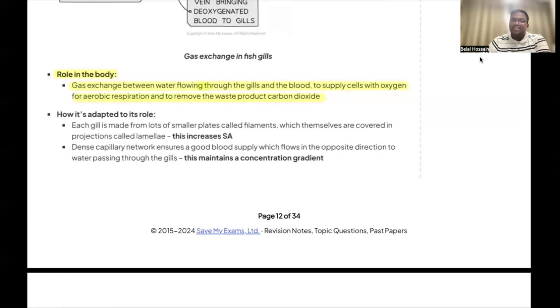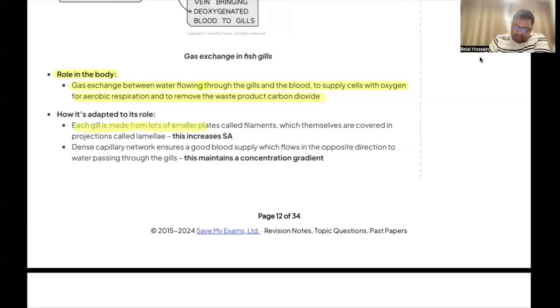Their gills are way more efficient, just absorbing the oxygen from the water. Extracting oxygen from water is much easier than from air, because in the water the oxygen is already dissolved. All they have to do is exchange carbon dioxide and take in the oxygen.